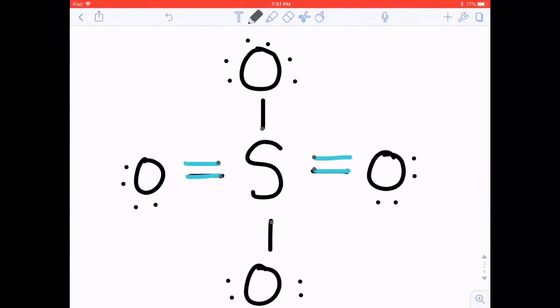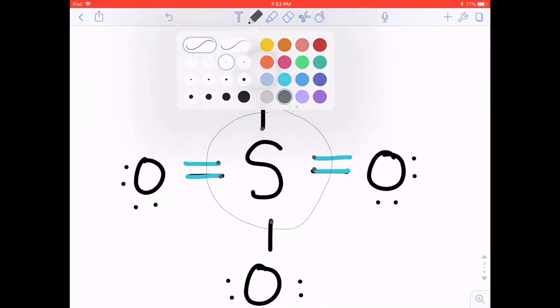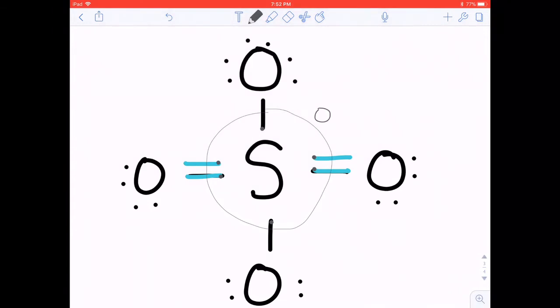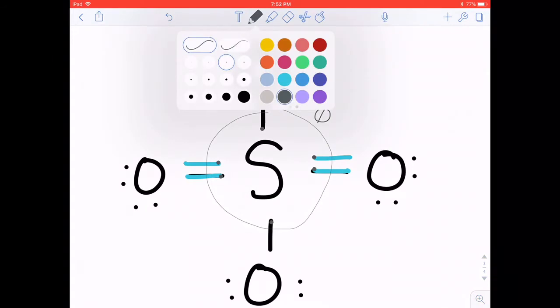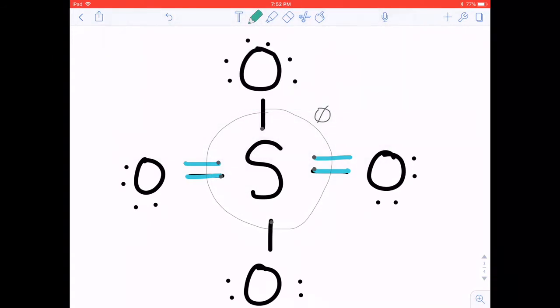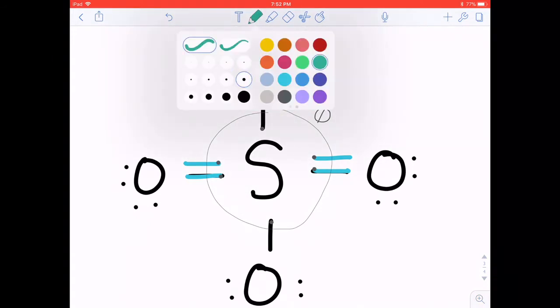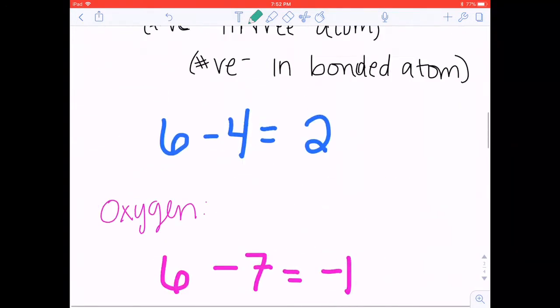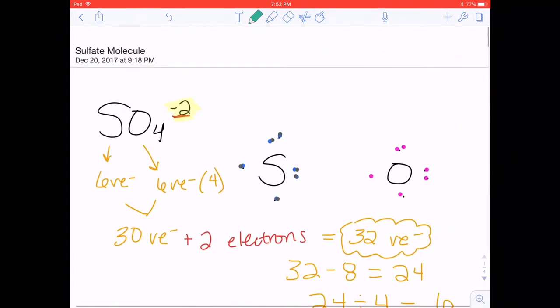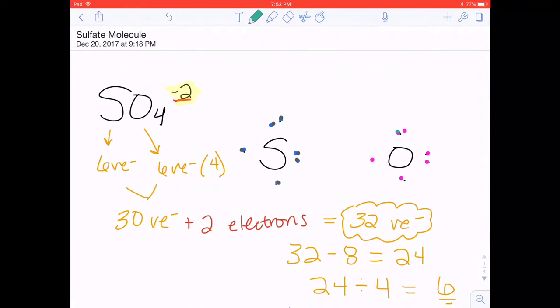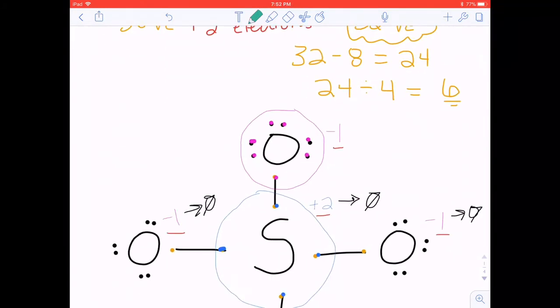So now let's try this for oxygen. So this sulfur atom here now has a formal charge of 0, which is good, because that's what we want. So now let's do this for oxygen. If we go up to the free atom, we can see that oxygen has 6 valence electrons in the free atom.